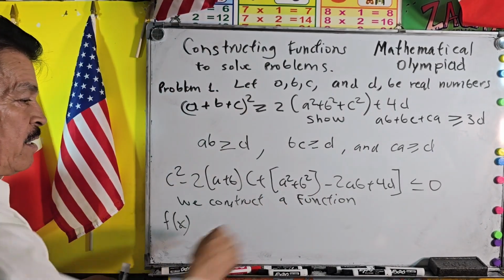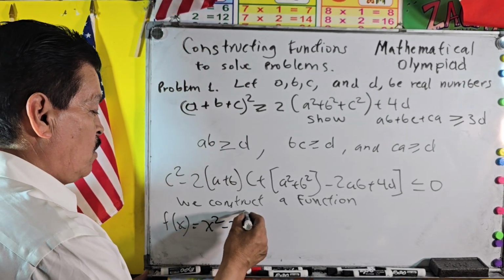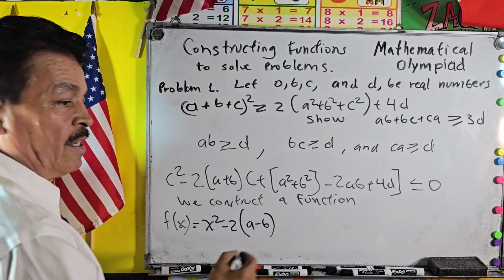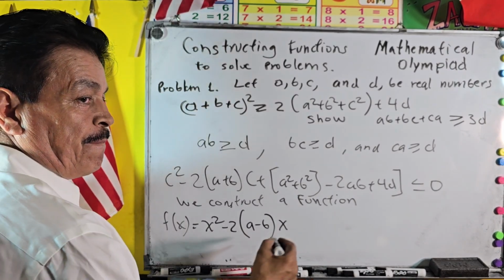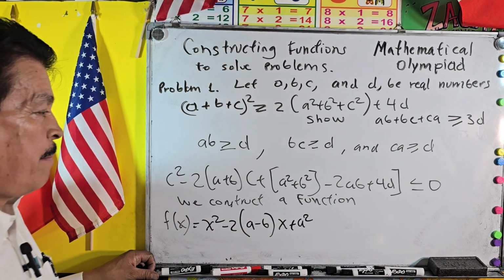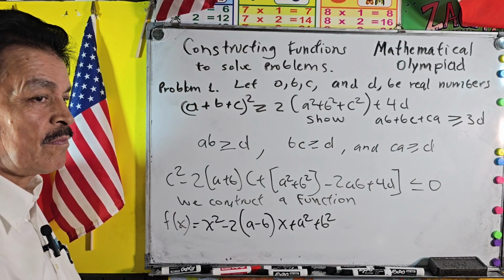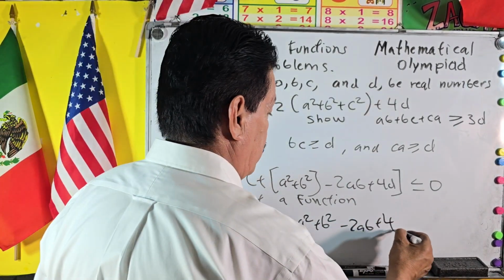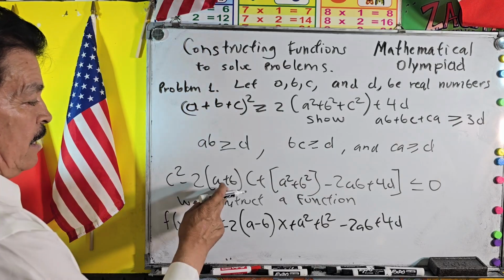From here, f of x equals x to the second power minus 2 times (a plus b) times x plus a to the second power plus b to the second power minus 2ab plus 4d.